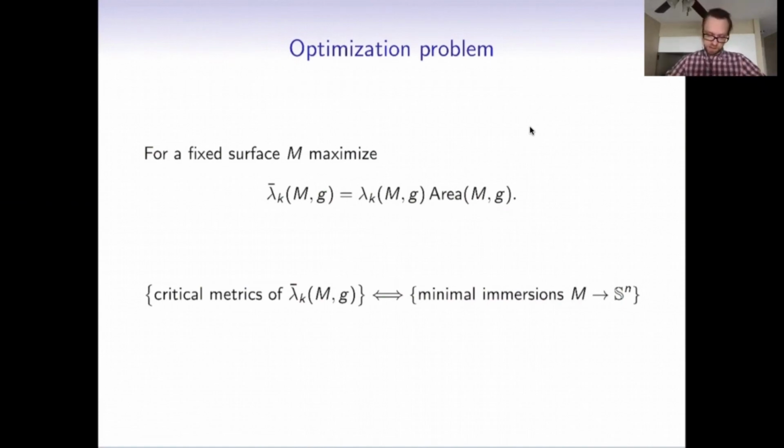And this correspondence is very fundamental, and it allowed us, first of all, to use techniques of minimal surfaces to gain information on this value and critical metrics, and moreover, to use spectral theory information about those bounds for lambda k to glean some more insight into minimal immersions. So this sparked a huge amount of research in recent years, and I'm going to be reviewing some recent results in this area.